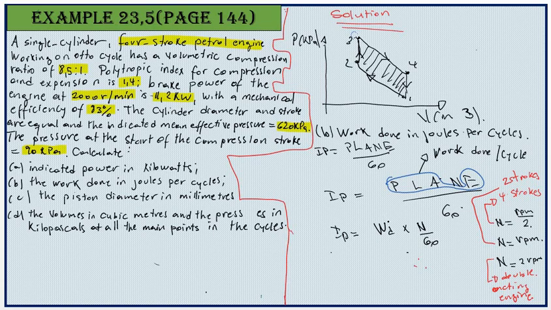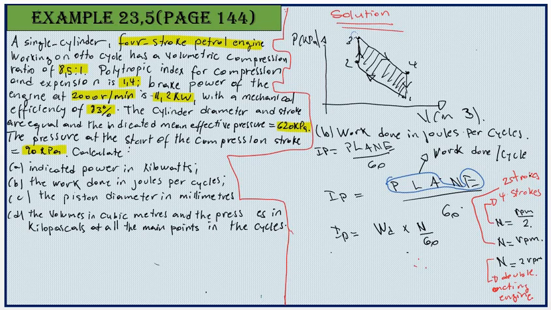Now from this relation I can determine W, because I've already determined the indicated power, and I can find the value of N. So don't take directly the N that is given in the problem.